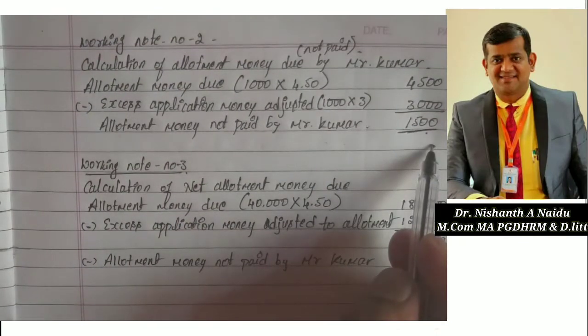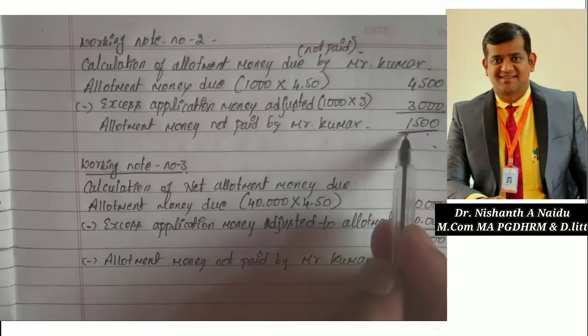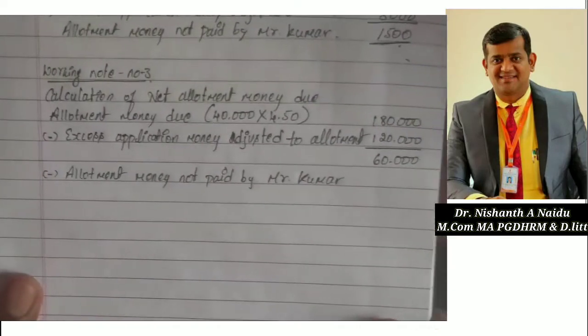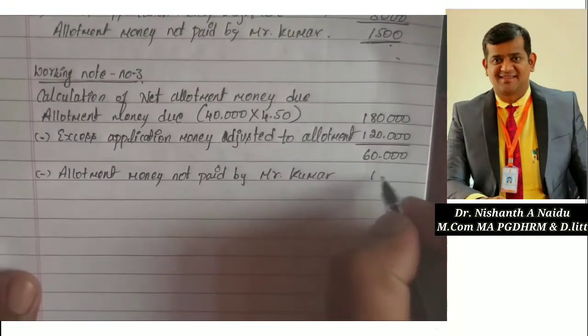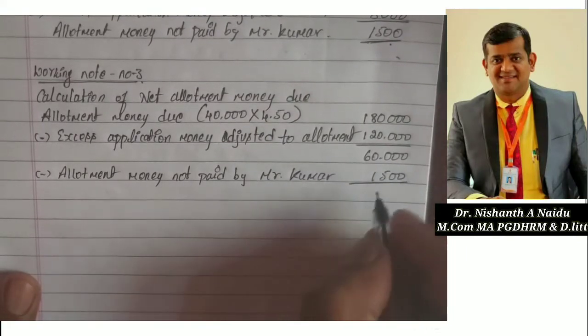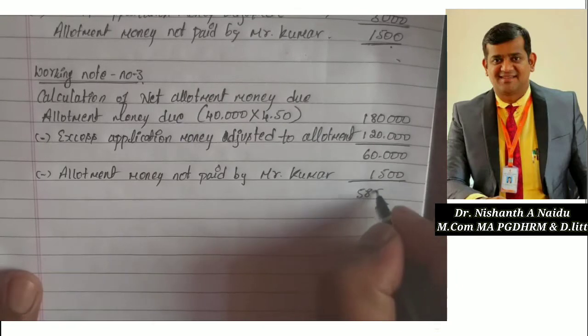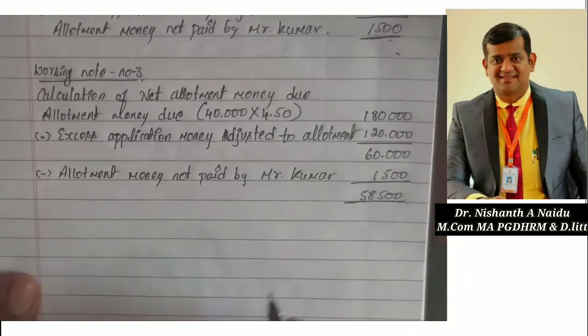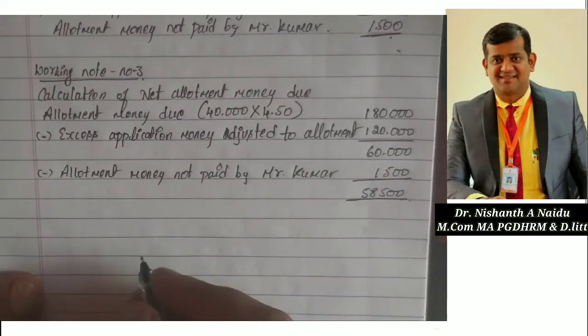We have done the calculation in working note number 2. So that is 1,500 rupees. So let us deduct 1,500. So how much are we going to get? 58,500 is the difference.